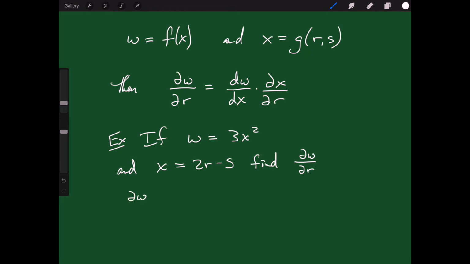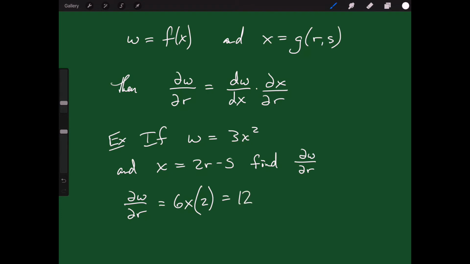Well, the partial of w with respect to r should be the derivative of w with respect to x, which is 6x, times the partial of x with respect to r. But this partial of x with respect to r is 2.